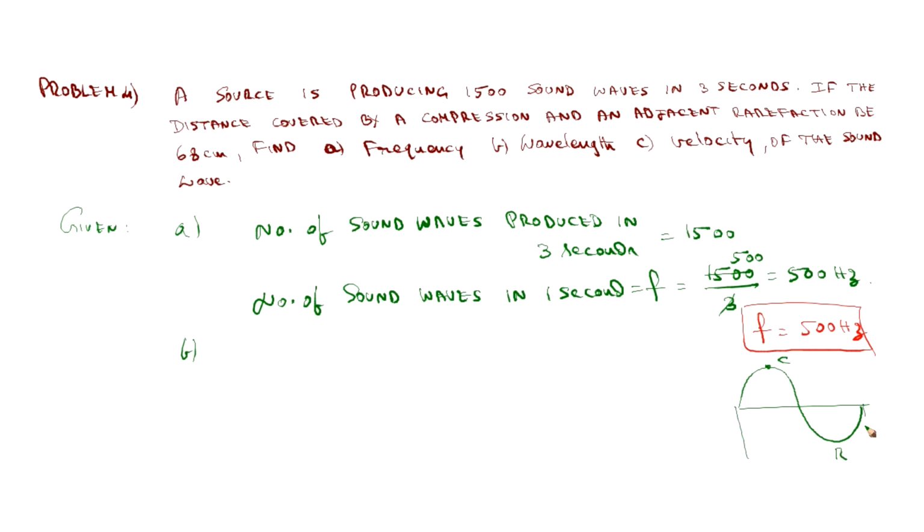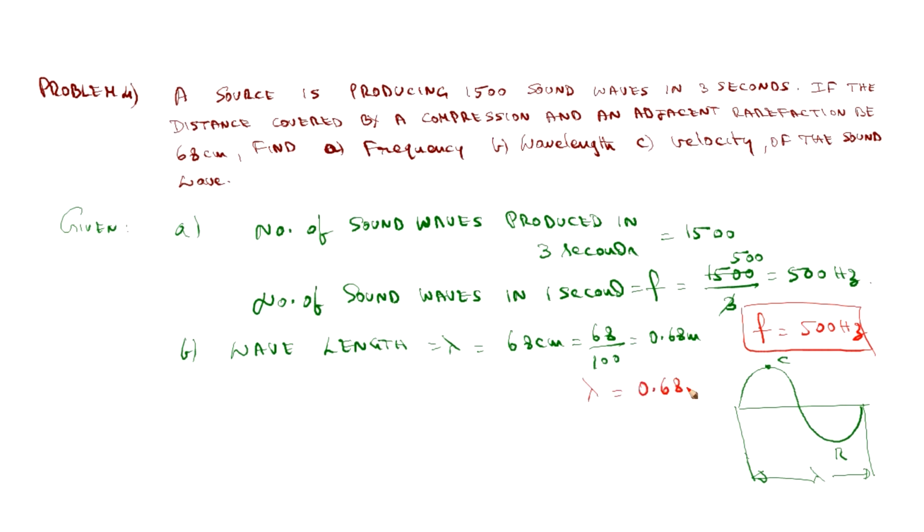So the distance covered by one compression and one rarefaction is wavelength lambda. So wavelength lambda in this case is 68 centimeter, but it has to be represented in meters. So it becomes 68 by 100, which is 0.68 meters. Therefore, lambda is equal to 0.68 meters.